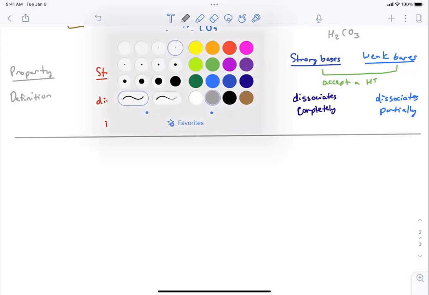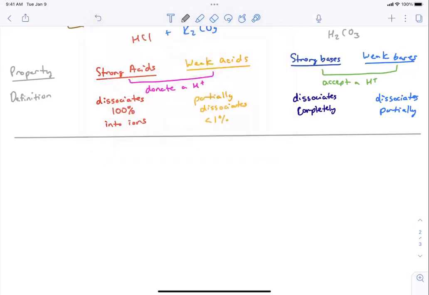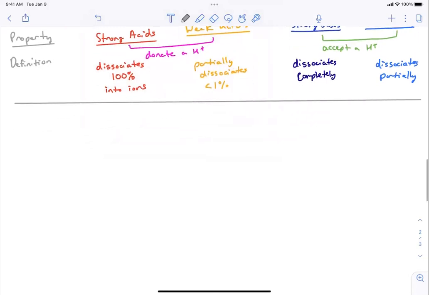So understanding definitions for this. A strong base would be a species that accepts a hydrogen but dissociates completely in water as well. A weak acid would be something that donates an H plus, but it only partially dissociates in water.